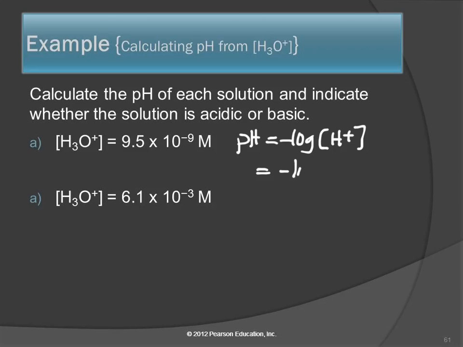So this is negative log of 9.5 times 10 to the minus 9. So this is going to end up being 8 something. So 9.5 EE minus 9 logarithm, change the number, change the sign. pH is 8.02.